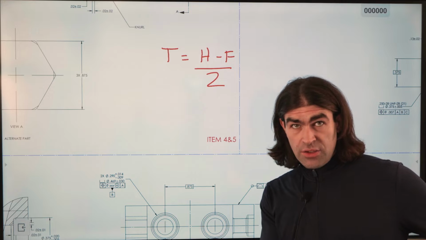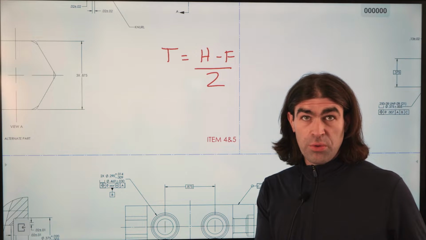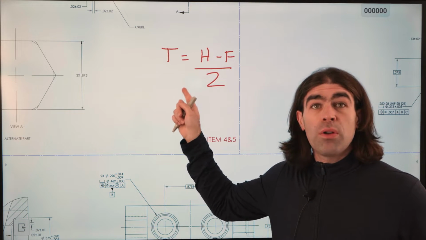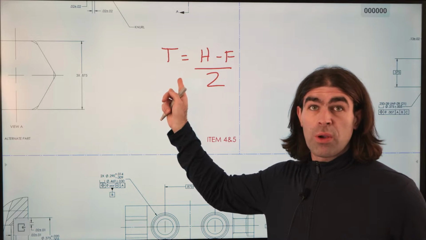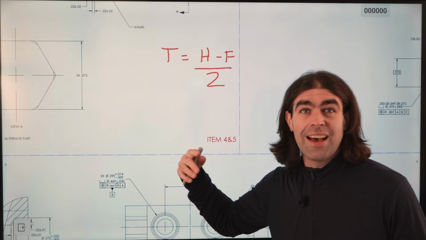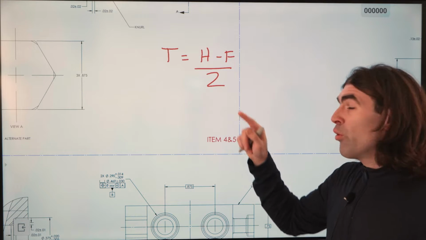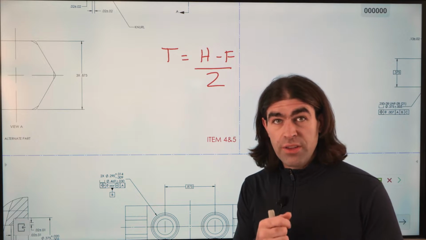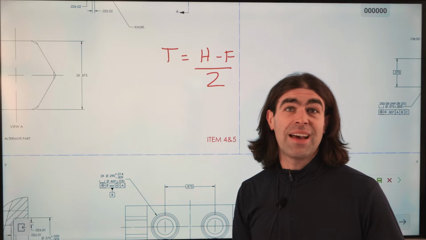So the total tolerance, we're going to split between the two holes, equals the MMC of the hole, which we'll calculate in a second, minus the MMC of the fastener, which is usually just the thread size if it's a threaded fastener, over 2. Because one of the fasteners is fixed, we cut the tolerance in half.